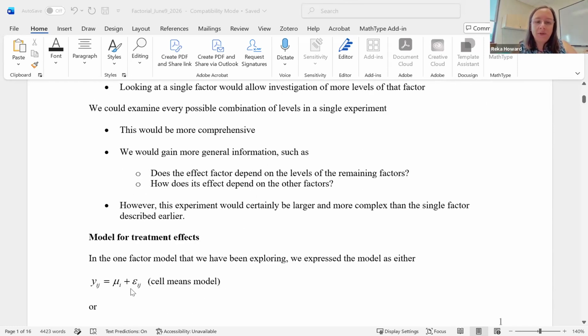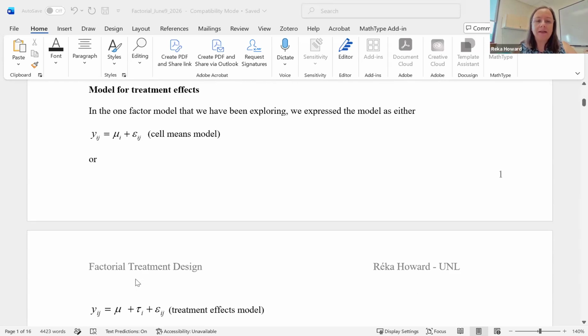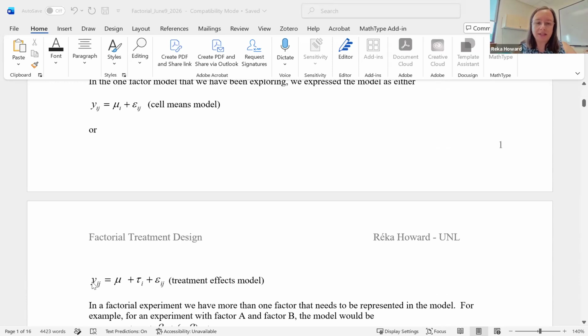So just very briefly, yesterday we saw this model description. Actually, we saw two different ways. First, we saw this way of describing a one-factor model, where we had the response, we had an overall mean, and then we had the treatment effect and error included in the model.